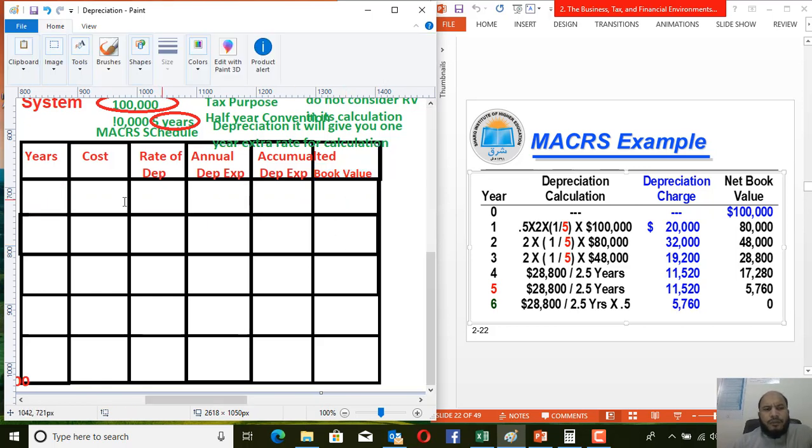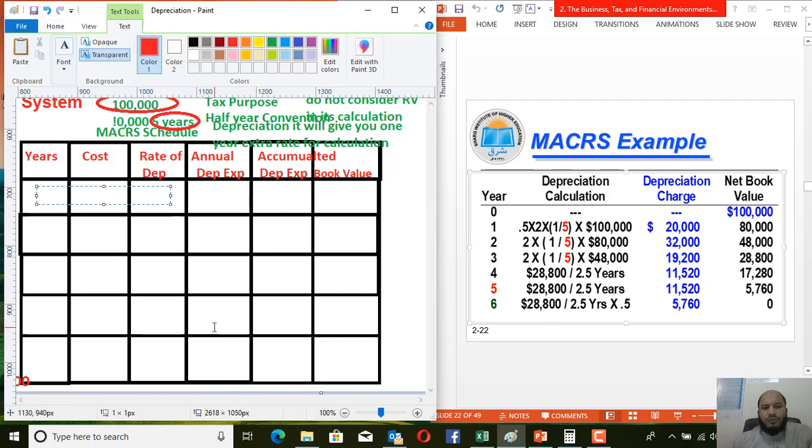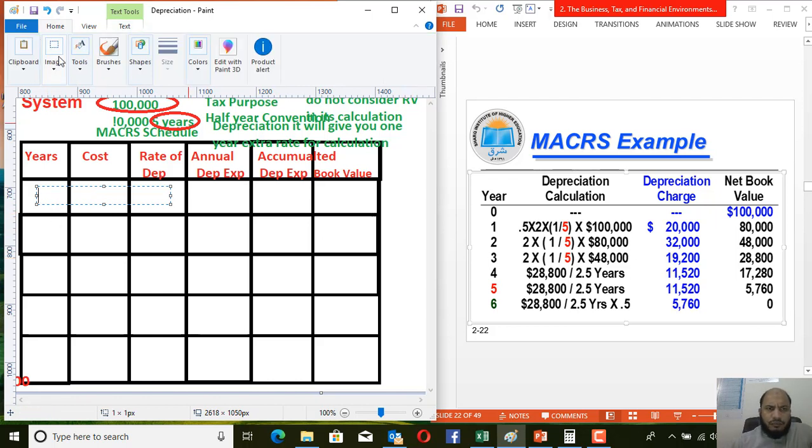Dear students, we have the same machinery, and this machinery has a 5-year useful life. But as I mentioned, MACRS is a method which will give you 1 extra year while you are preparing the schedule through MACRS.